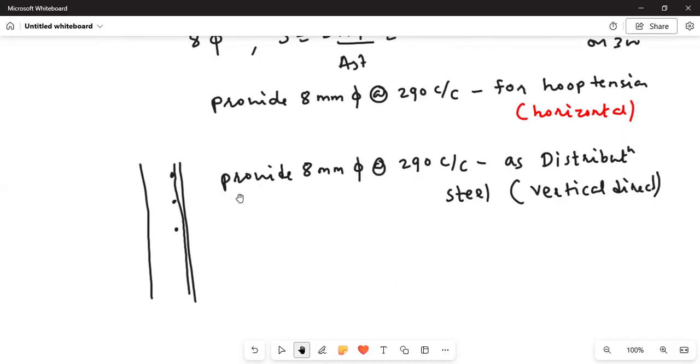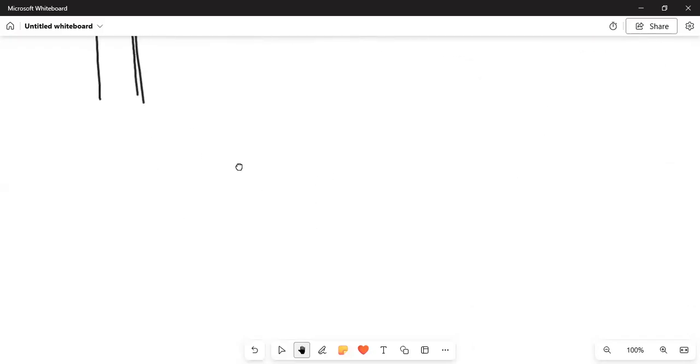So you can provide the same bar, because you have taken the minimum reinforcement to calculate the hoop tension. Here also you have to take the minimum reinforcement for the vertical bar. Those are the distribution bars. Okay. So we have done the complete design of the side wall.